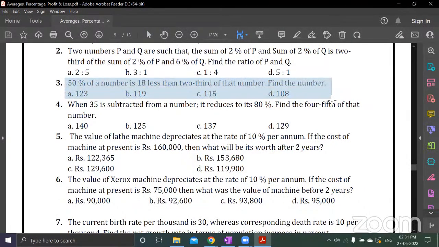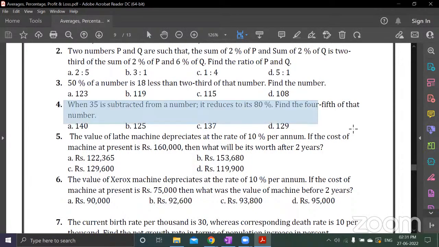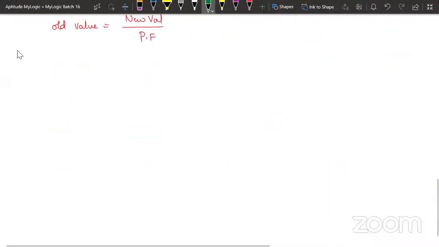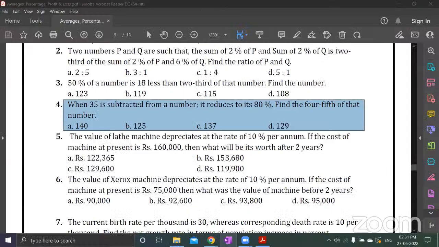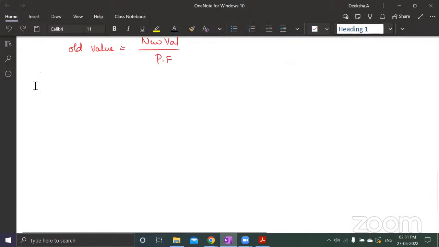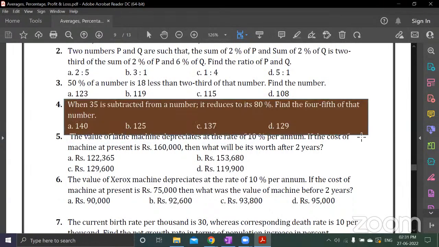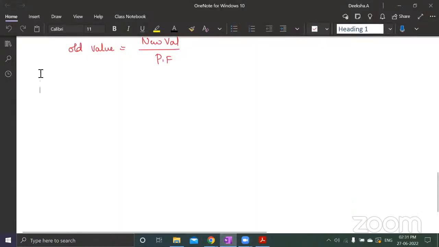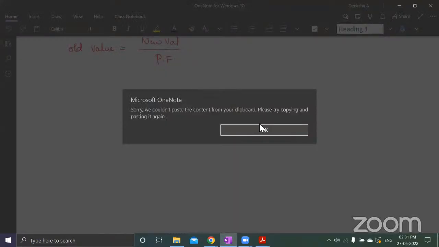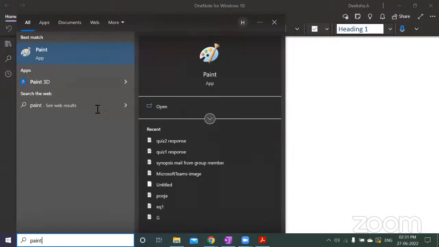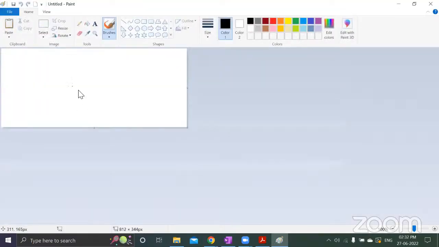So let us solve this question. Okay. Anyways, there is some issue with copying it.